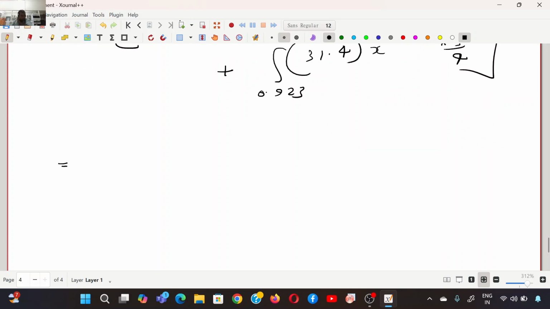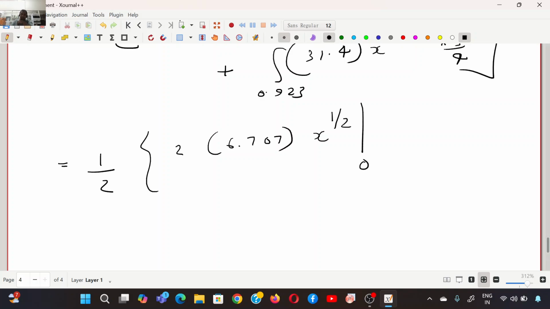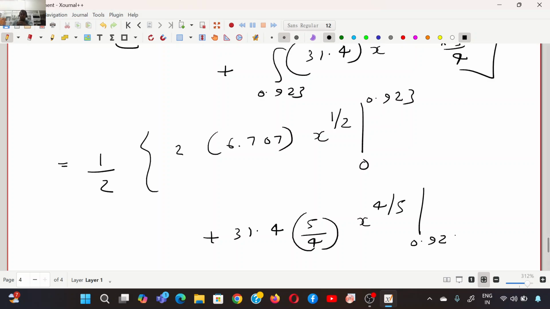So what's this value? 2 into 6.707 into x to the power half, x varies from 0 to 0.923. That's 31.4 into 5 by 4 into x to the power 4 by 5, this goes from 0.923 to 2.